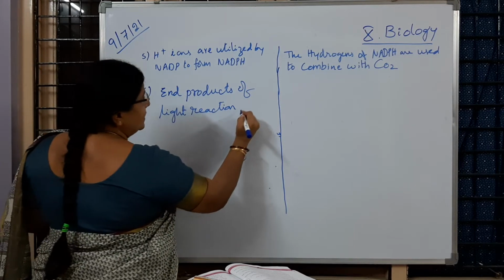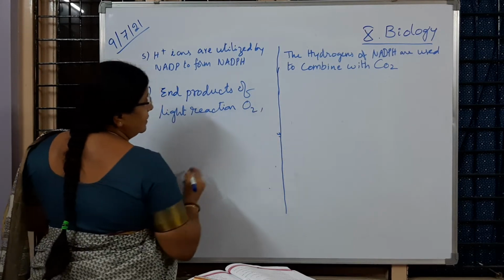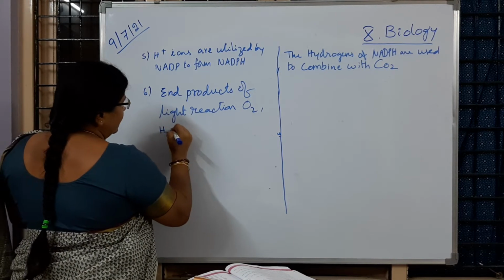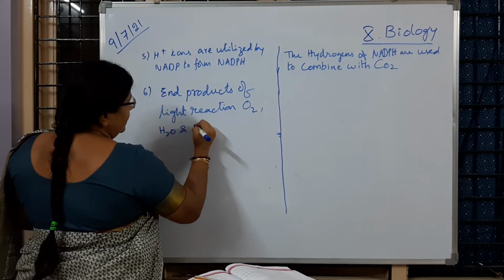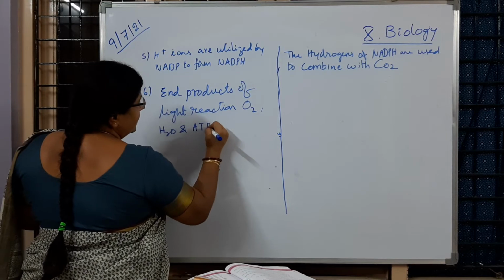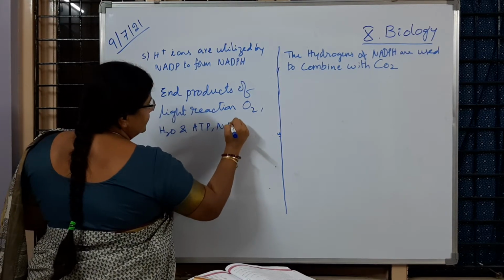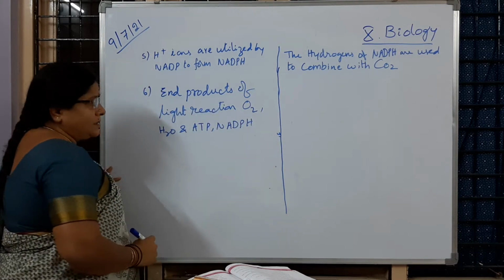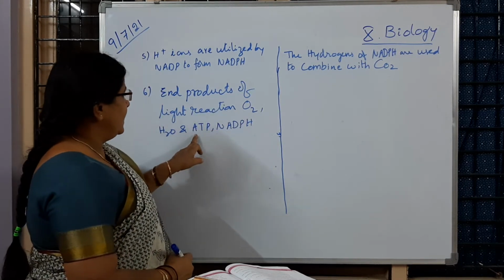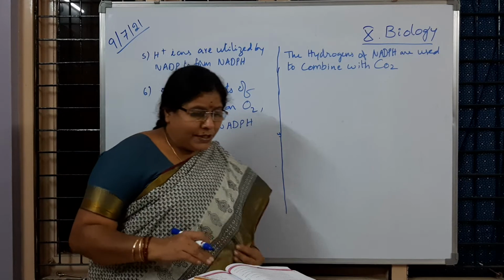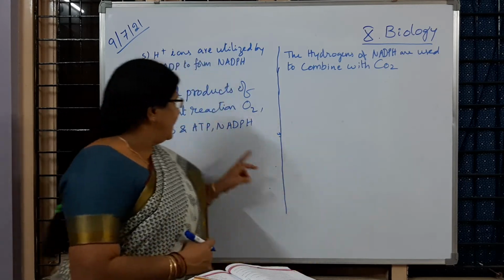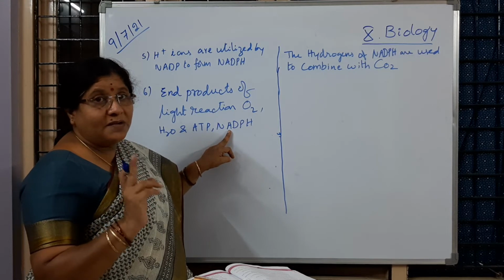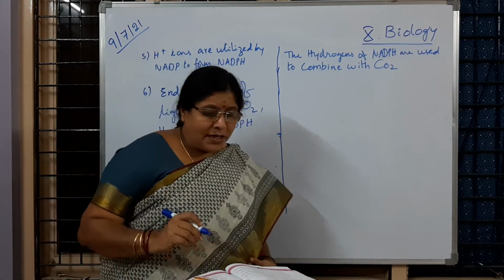You learnt already. Oxygen, is it not, children? Then ATP and NADPH. So these are the end products. Basically you can take oxygen, ATP and NADPH. These ATP and NADPH which are formed are called assimilatory powers. Very important point you have to remember.